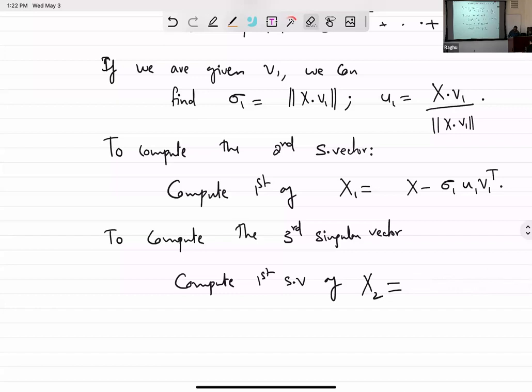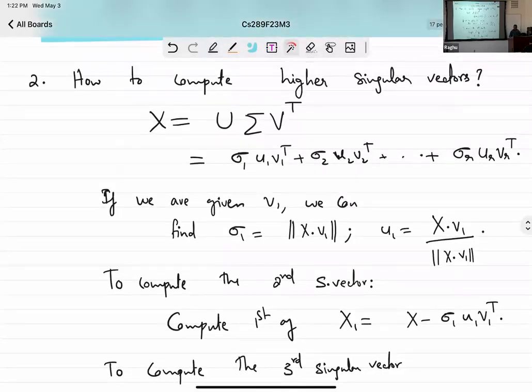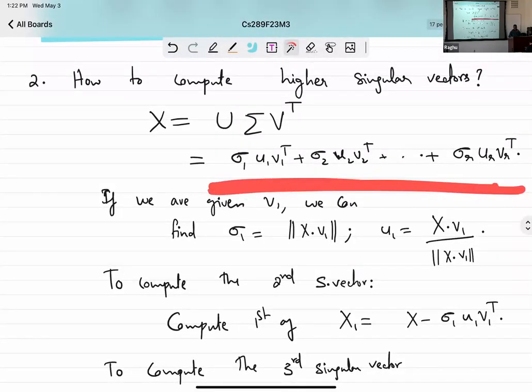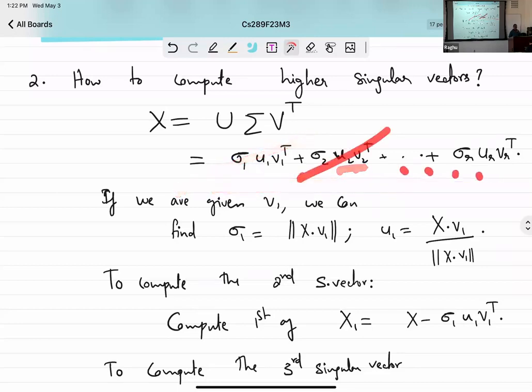Actually, let me write it inductively so that it becomes clear. I can iteratively peel off one after the other and keep on computing the next singular vector. This is nice because it comes from this representation: if I knock this out, what's left is this, knock this out, what's left is this, and so on. So this is one way to compute the top k singular vectors, given you can compute just the first singular vector.